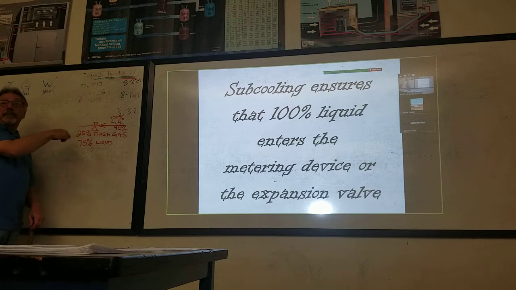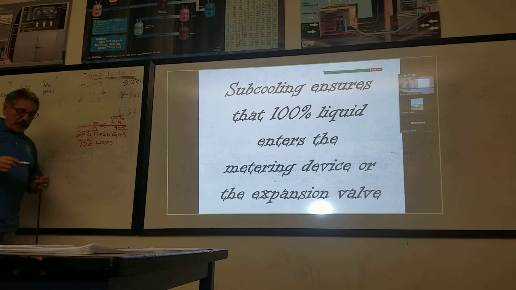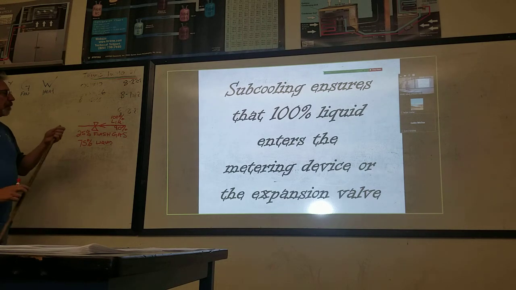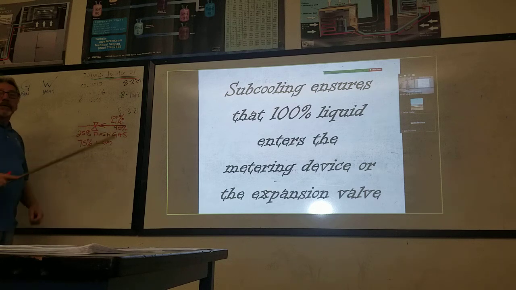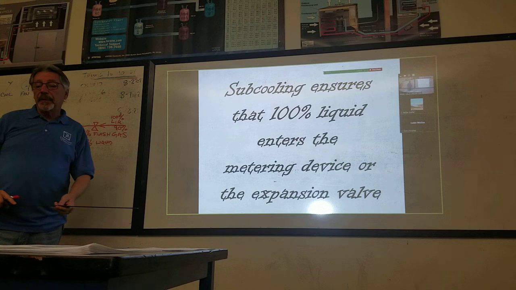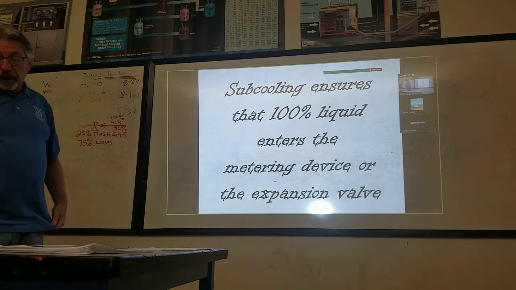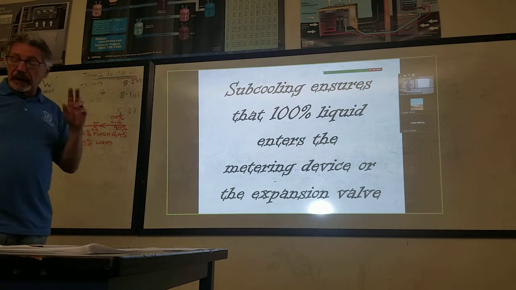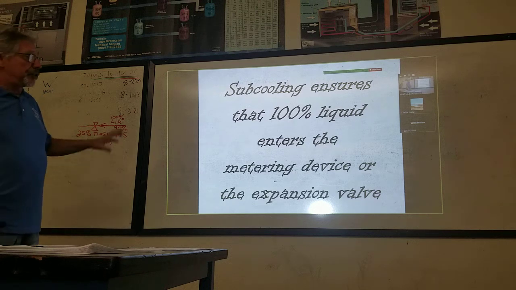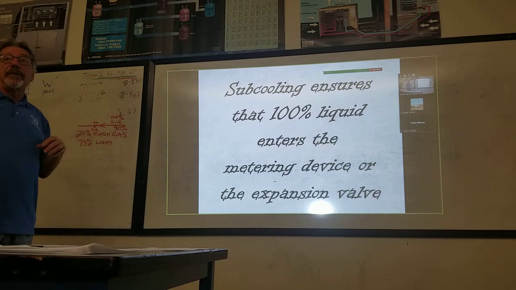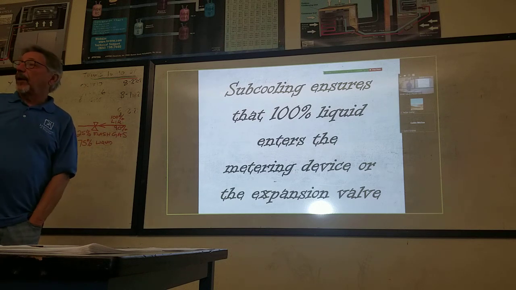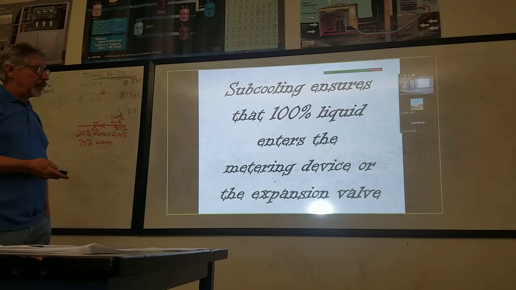It'll be all jacked up. It might be 50-50. We have to have a 100% full column of liquid hitting that metering device in order for the expansion to happen at the proper rate. So we're going to check subcooling and superheat to ensure those two things are there and at the correct range.